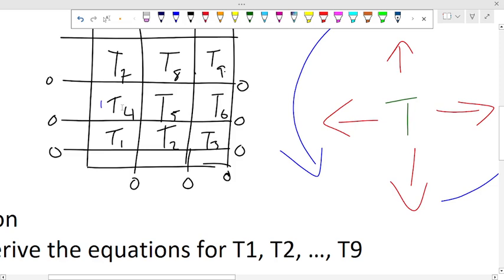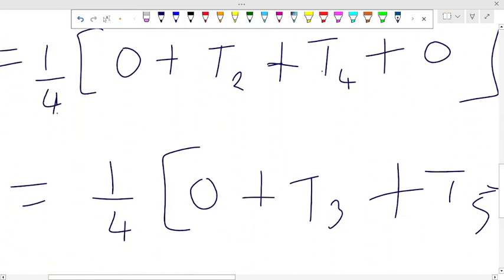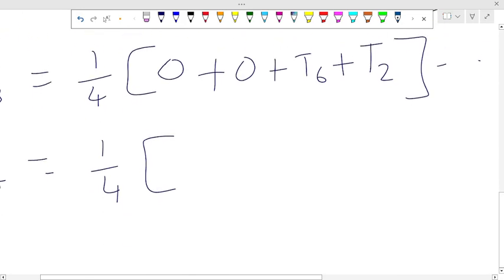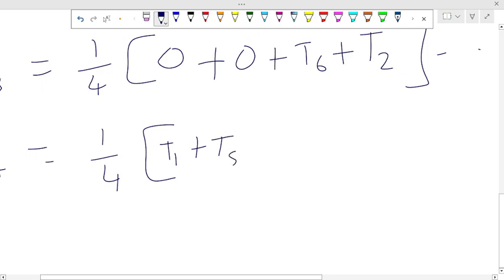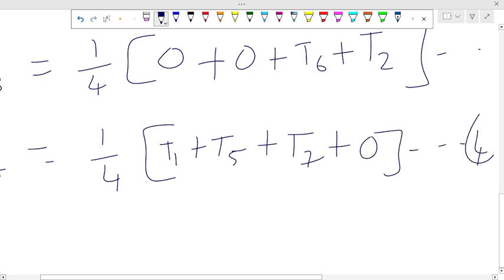So down, T1, right, T5, up, T7, left, 0. So that is T1, T5, T7, and 0. When you do it over and over again, your speed will increase. You get faster.